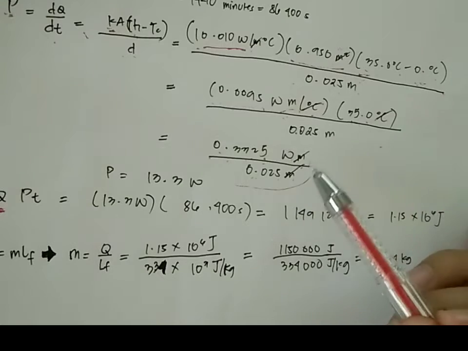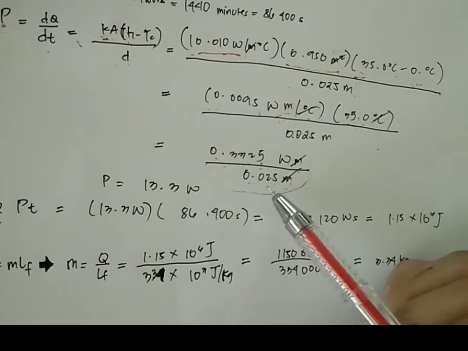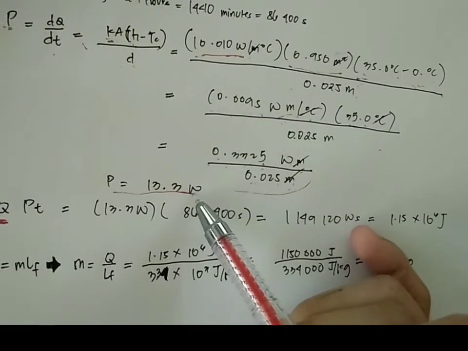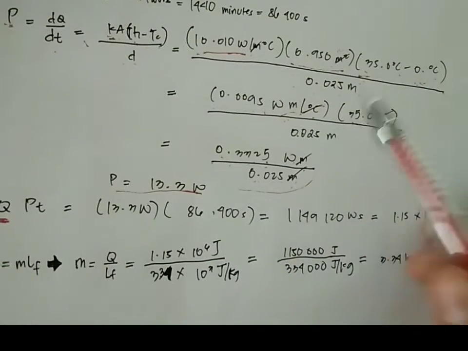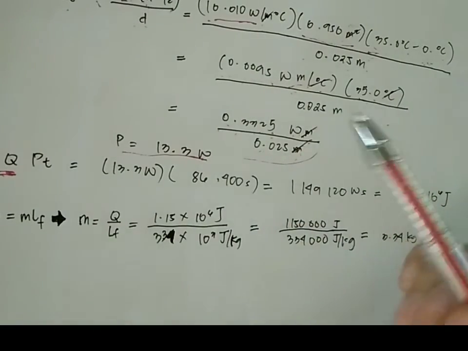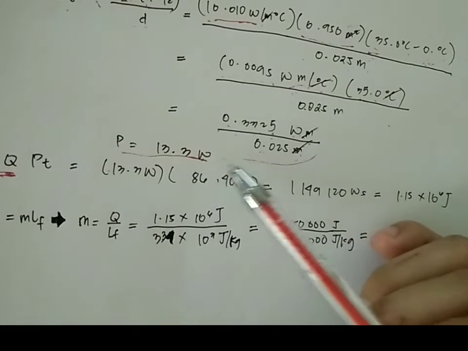Cancel the variable m, then divide the constants, which results in 13.3 watt. It is watt since the variable m is cancelled. So, copy the remaining variable. So, P is equal to 13.3 watt.